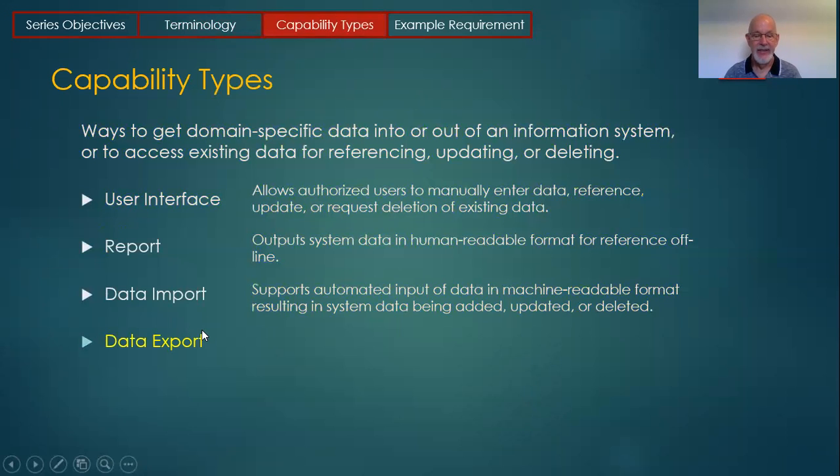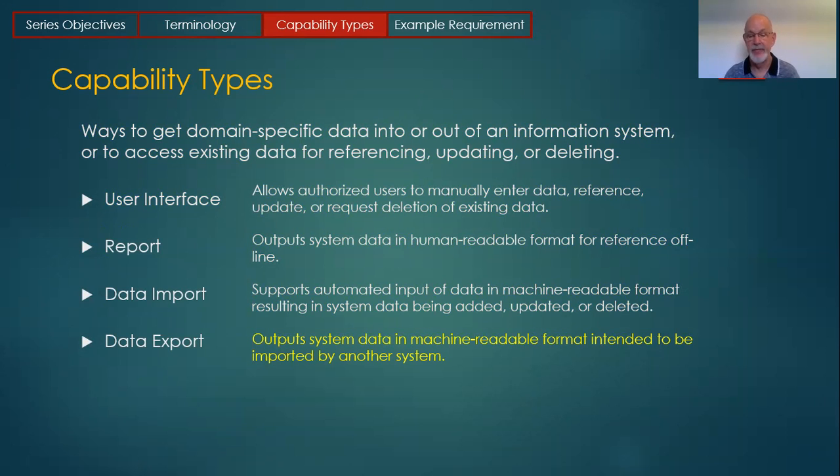Similar to a data import, a data export this time outputs system data, again in machine readable format. Like a report, it's intended to be used by someone that isn't accessing the system directly, but presumably some other system. That's why we have it in machine readable format. This other system will use it for data importing. So that's the fourth capability type.